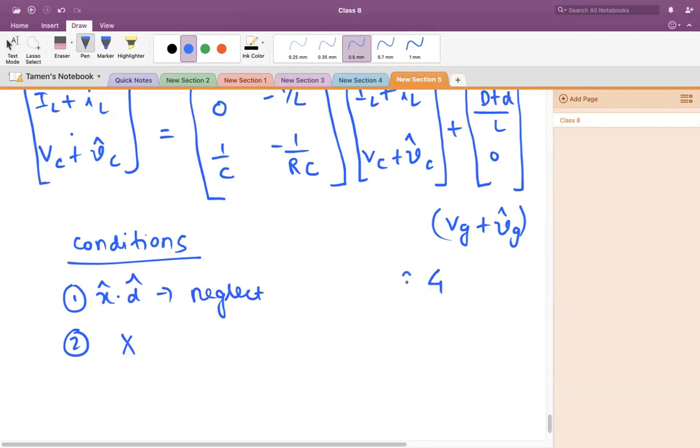What will be the derivative of 4? It will be 0. The derivative of a constant value is 0. So the capital X is the steady state part, so the derivative of this capital X, sorry.